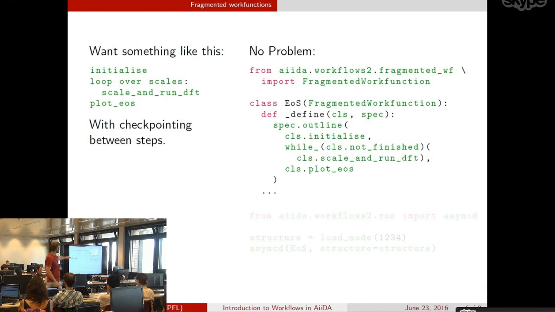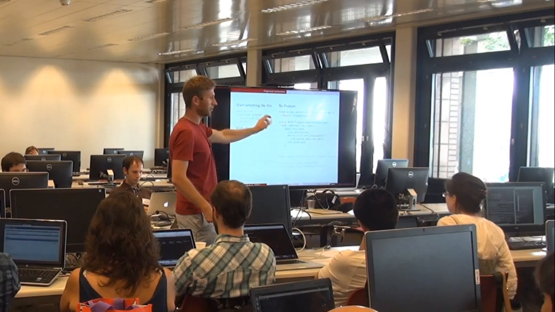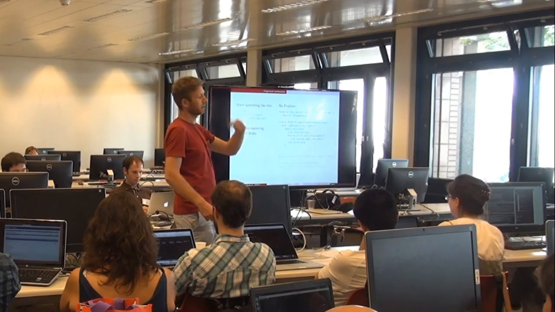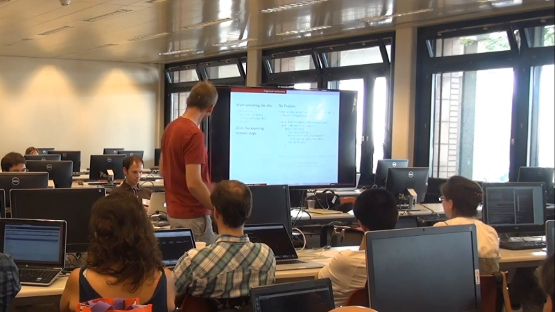And then you can always restart it. If things crash or you want to shut down your computer, you can shut down your Python instance, no problem. And when you restart it, it'll carry on from there. Or if something on the supercomputer crashes, meaning your value wasn't calculated correctly, you can go back and continue from where you were, and it'll just pick up from where it left off.